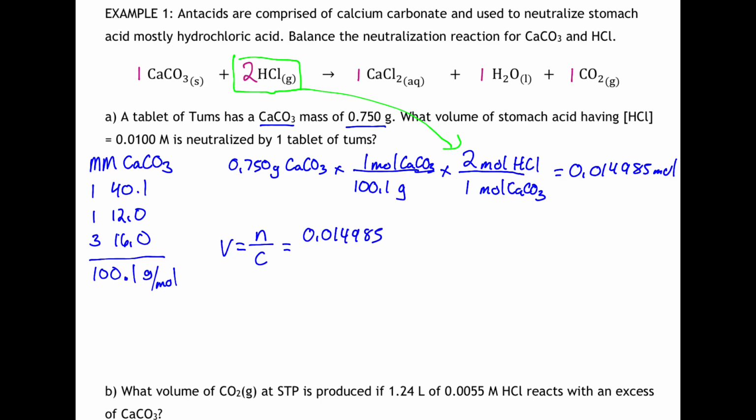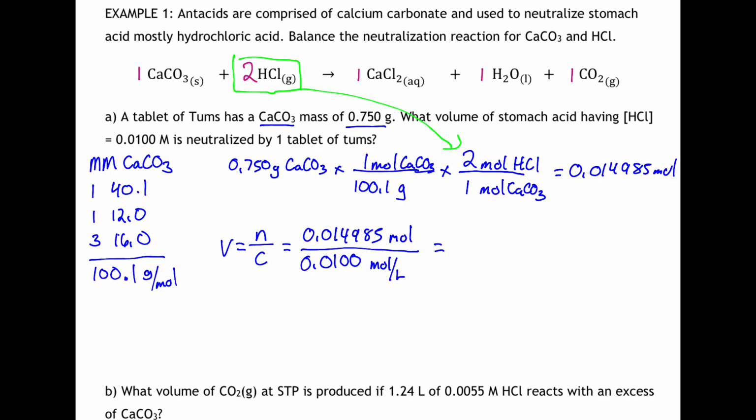But you're not retyping that into your calculator because you totally have it saved and have not hit clear. Moles over 0.0100 is the molarity. Oops, I don't want to write it like that. What's a different way of saying molarity? Yeah, it's moles per liter.